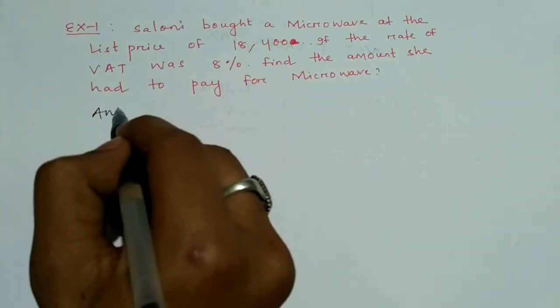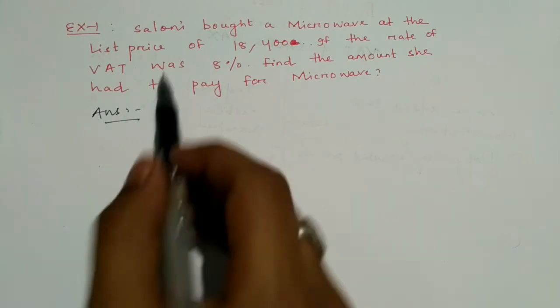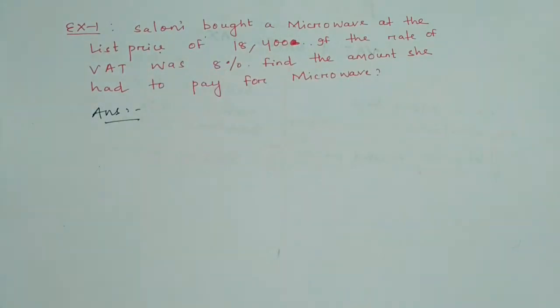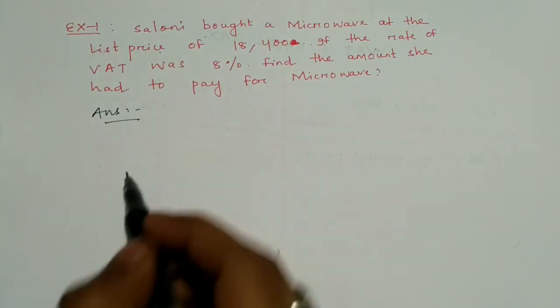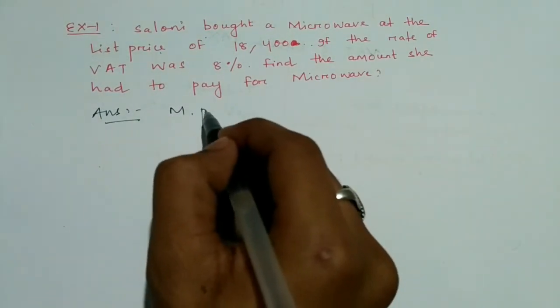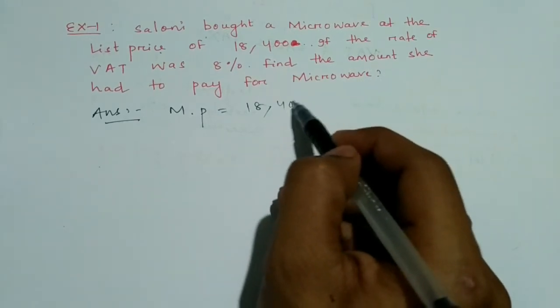As I always say, first we have to note down what is given. Saloni bought a microwave at the list price of 18,400. So the list price, or you can say the marked price, is 18,400.